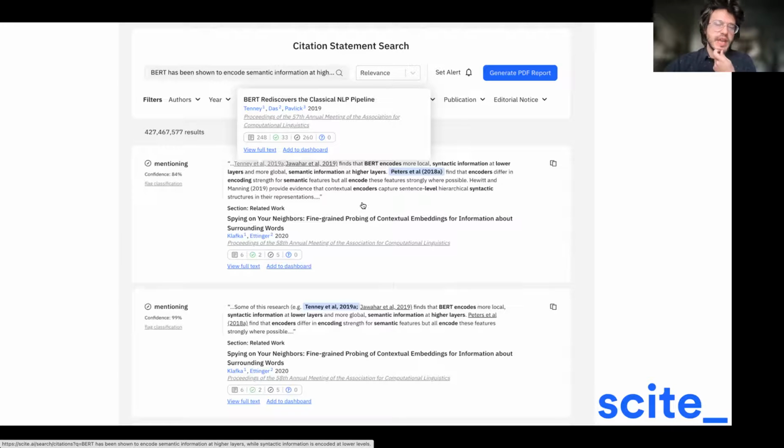After you've put whatever claim of interest into the citation statement search, which is now united in our search, so we just have one search, you can just put in a claim, or a question, or whatever.